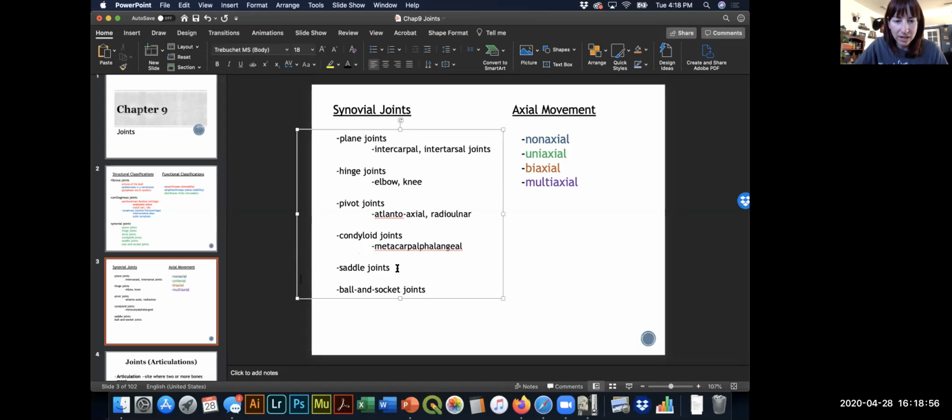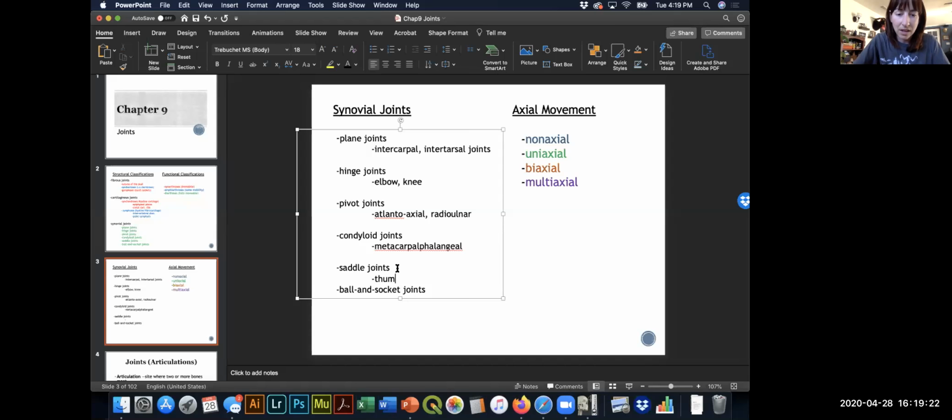Your saddle joint example is going to be your thumb. So it's basically able to do this and this with a little bit more going on there, right? Because it lets you do this protraction movement. The carpal metacarpal joint between trapezium and metacarpal of the thumb. I'm not going to write all that.